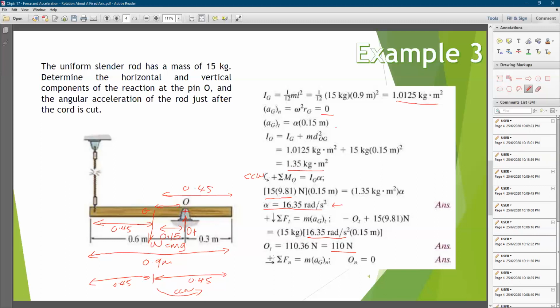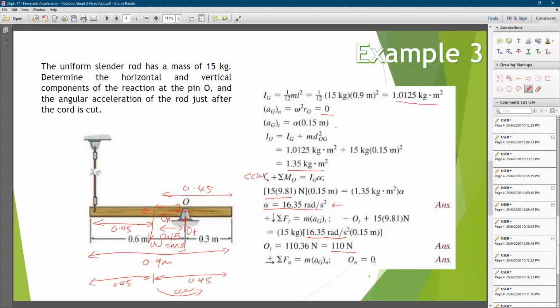Going to the right is our positive direction, and if we look carefully here, there is no other reaction force at point O. We can simply say that this is our On, going that direction.